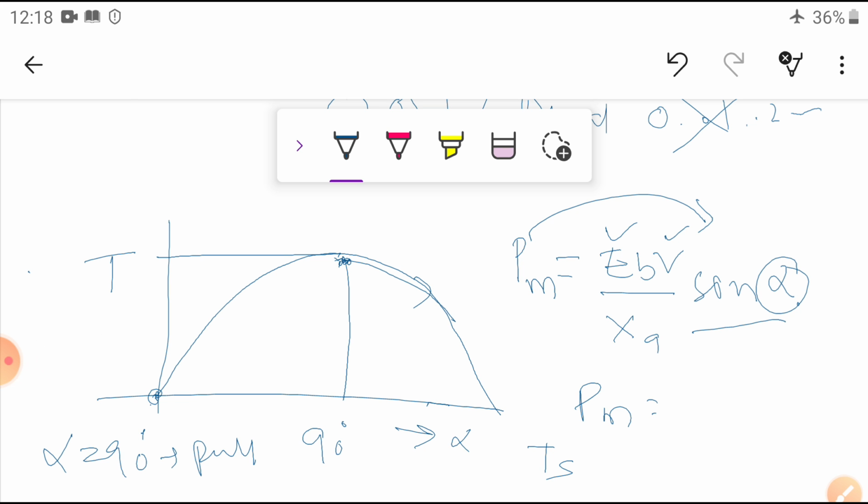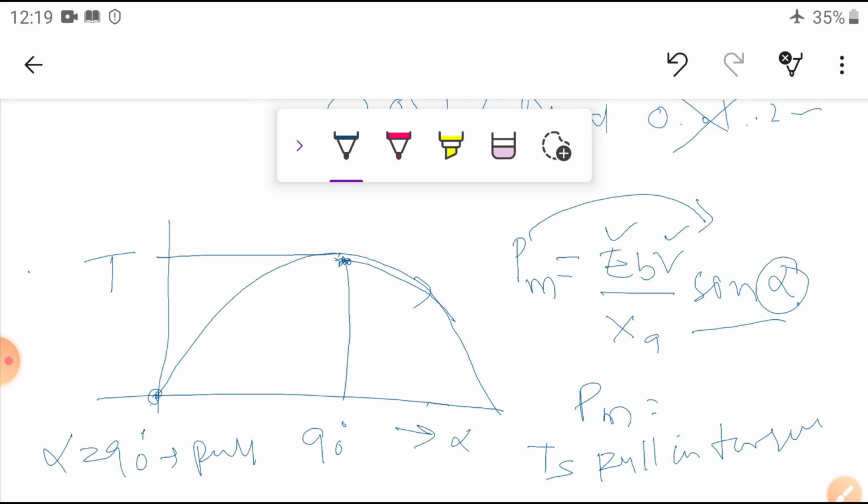Now pull in torque. What is the pull in torque? It is the maximum constant load torque under which the motor will pull into synchronism at the rated supply voltage and frequency when field current is applied.